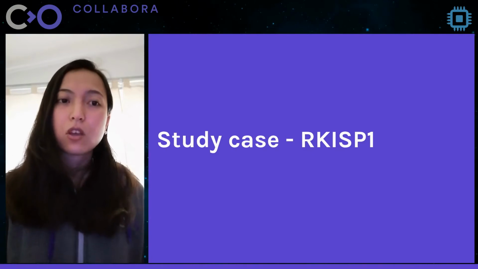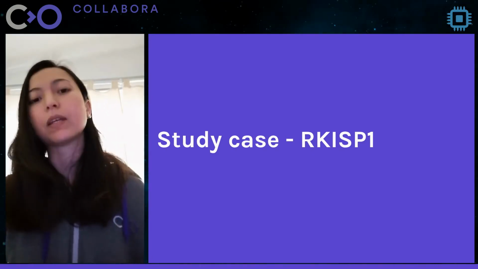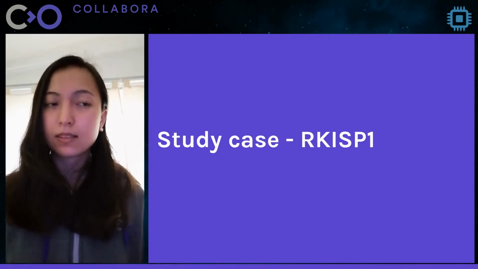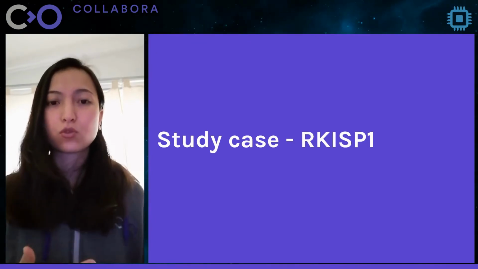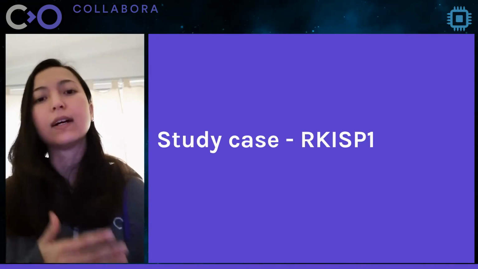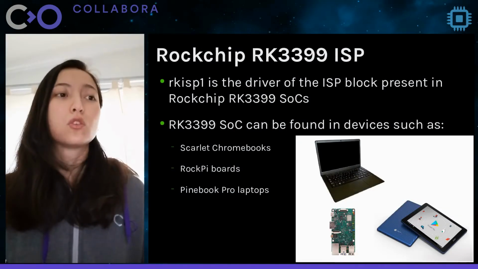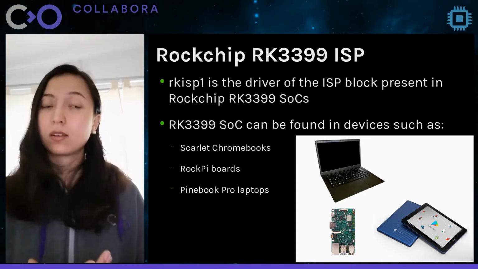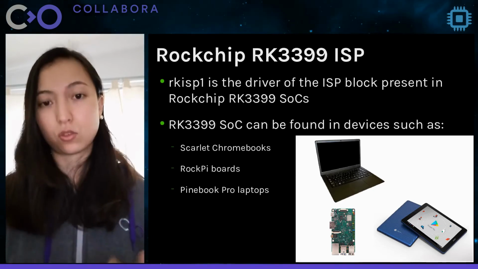Now I would like to talk about the RK ISP1 driver in specific because I have most experience with this and I will also use this driver as an example during this presentation. So the RK ISP1 is the driver of the ISP block that's present in the Rockchip RK3399 SoCs.